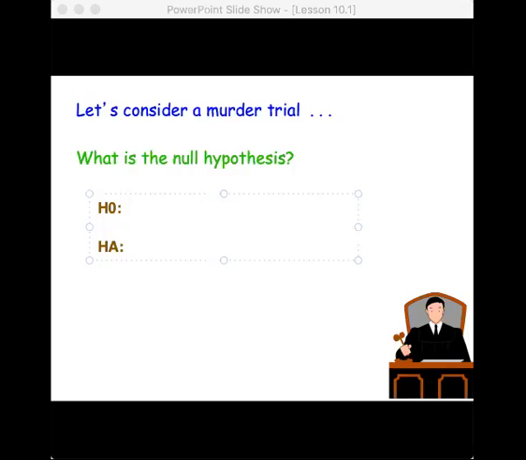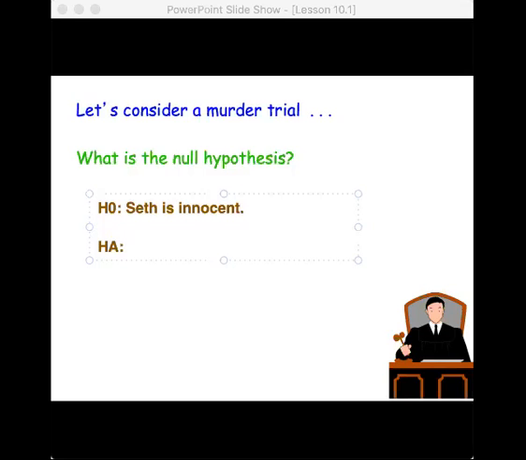Like in America, when somebody's on trial, they're assumed what before evidence is gathered? Do we assume they're innocent? Yes, we assume they're innocent first. So Seth, we're going to assume you're innocent first, if that's cool with you. Okay, so that's our null hypothesis.